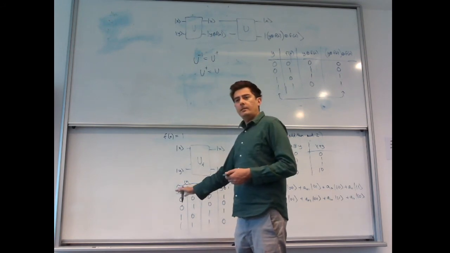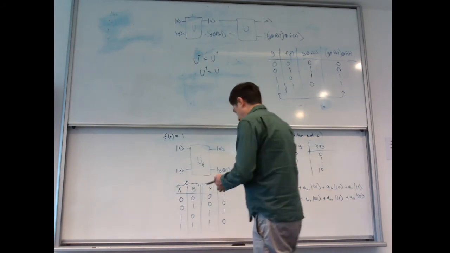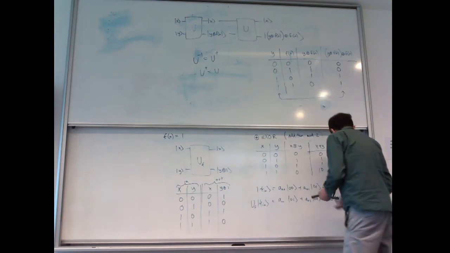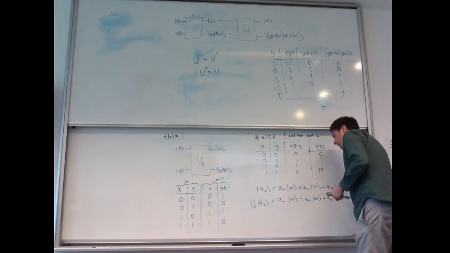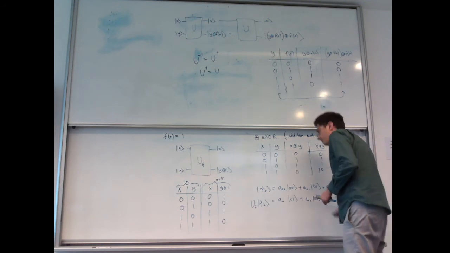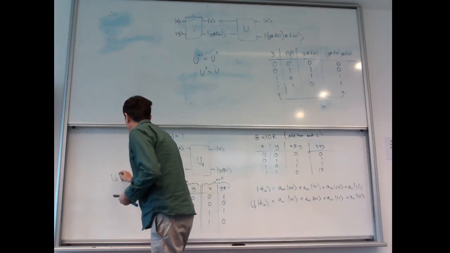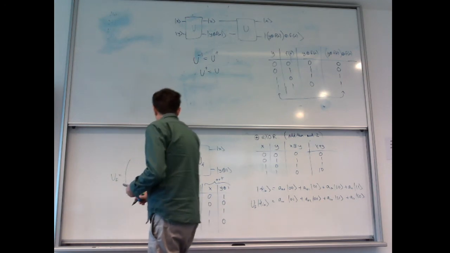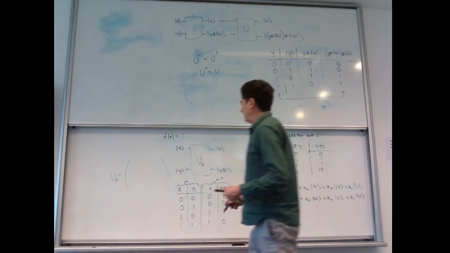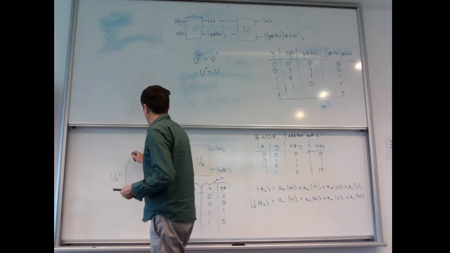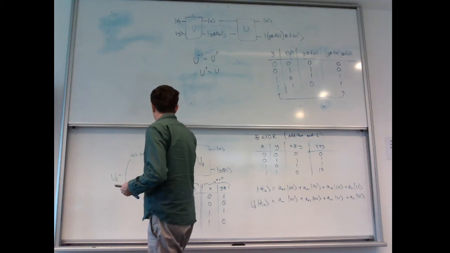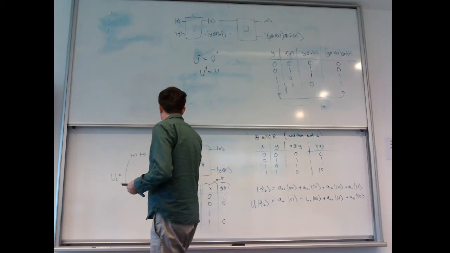So when we're writing down the matrix form of this, U_f in matrix form, I'm going to write down the 4 input states just to remind myself of what the basis is.